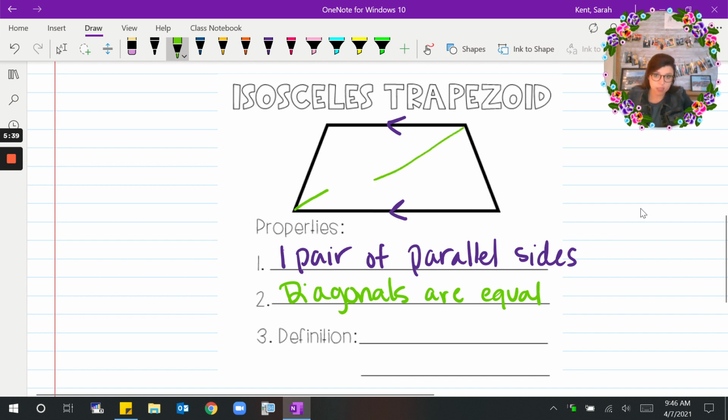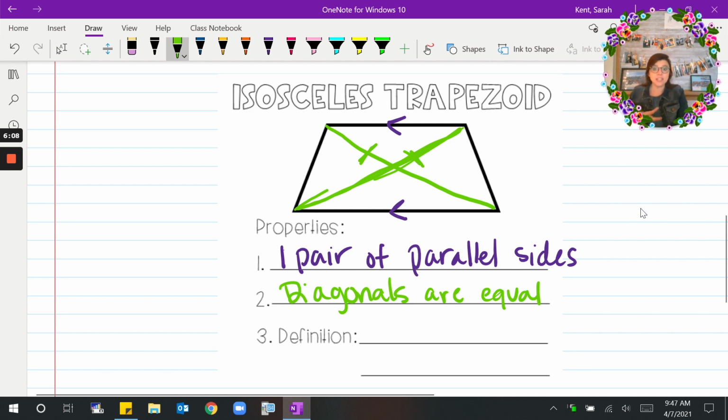So the difference here is that there is only one pair of parallel sides, not two. Let's see if I can turn that. Okay, close enough. So that means that this diagonal and this diagonal, those whole things are the same. They're equal.